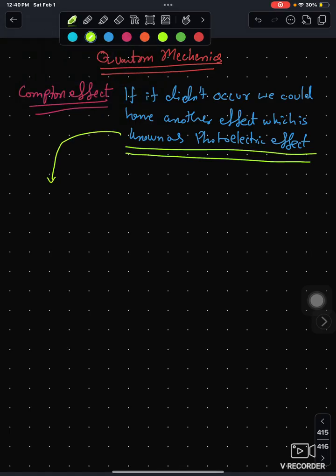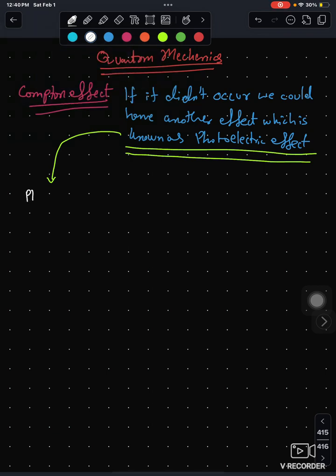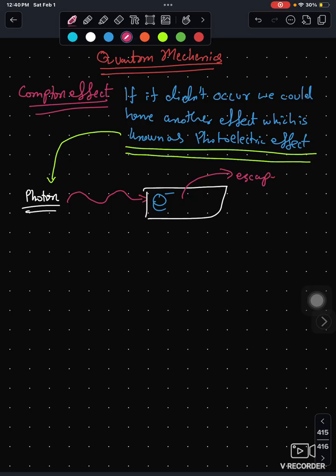So when we have a particle, let's suppose not a particle, a photon, and this photon is moving towards an electron. Okay, and the moment it hits this electron, if it's on a surface, what will happen is it bounces off and it will escape. Okay, it escaped that surface.